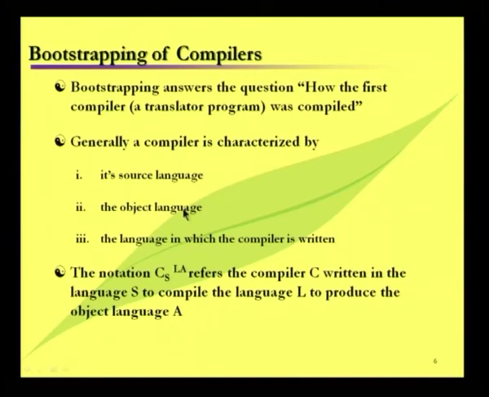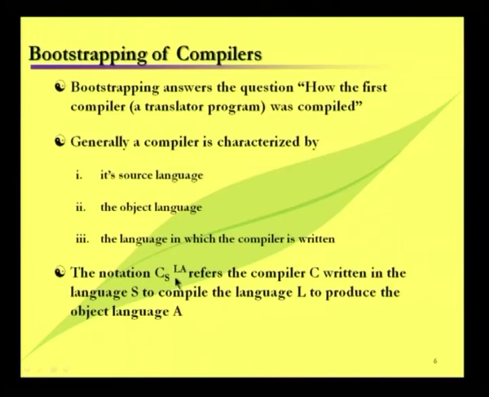The second is the object language, the language of the object program which will be produced by the compiler. The third is the language in which the compiler has been written, since a compiler itself is a program. So these 3 are the languages describing a compiler.